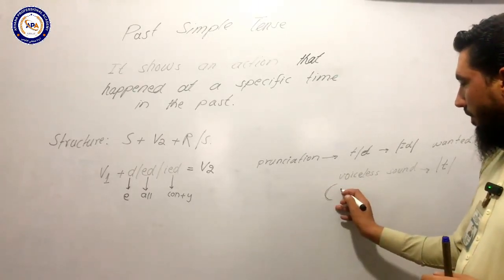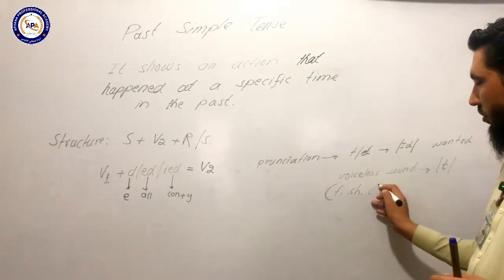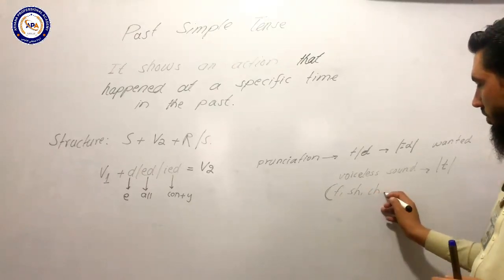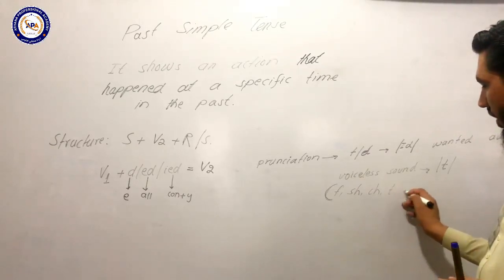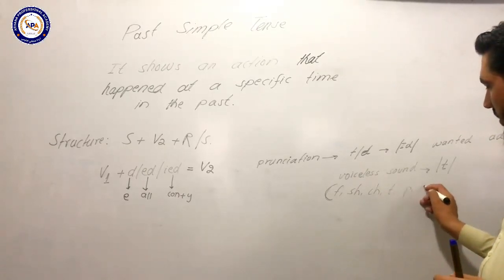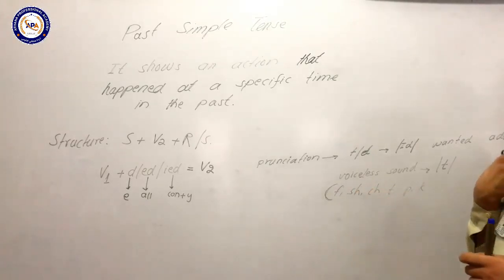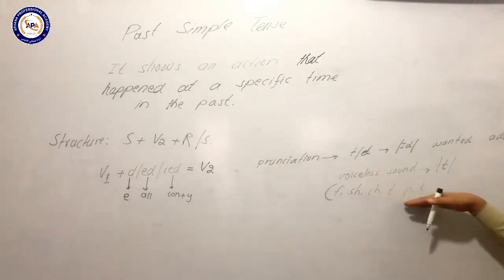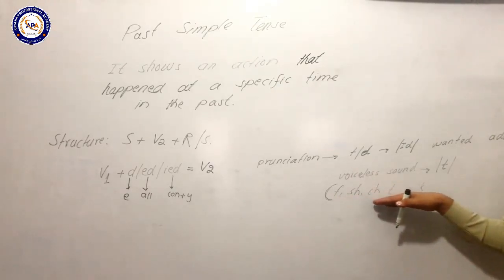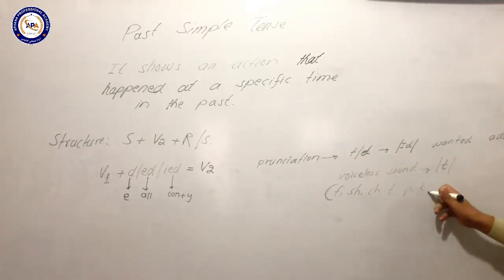Like sh, t. When we pronounce these sounds, you know, the vocal cord doesn't vibrate. There is not any vibration in the throat. So these are voiceless sounds. When a verb ends in one of these sounds, the last D or ED is pronounced as T.